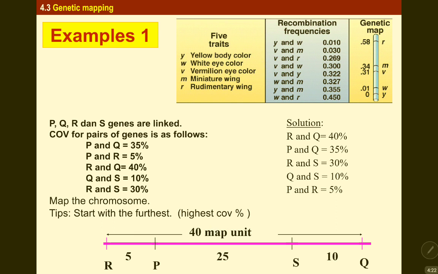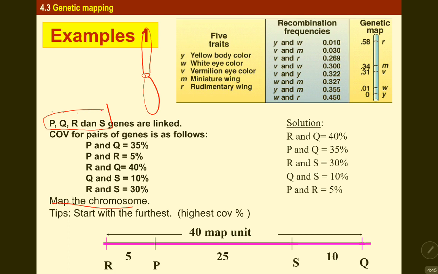Okay, first example. Now you are given 4 genes, P, Q, R, S. We know that P, Q, R, S are located on the same chromosome. What you have to do is map the chromosome, so we want to know the sequence of the genes.